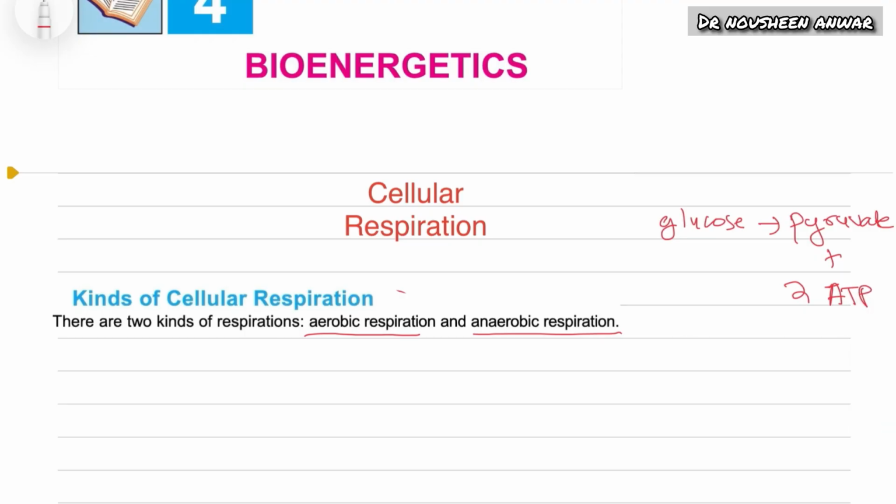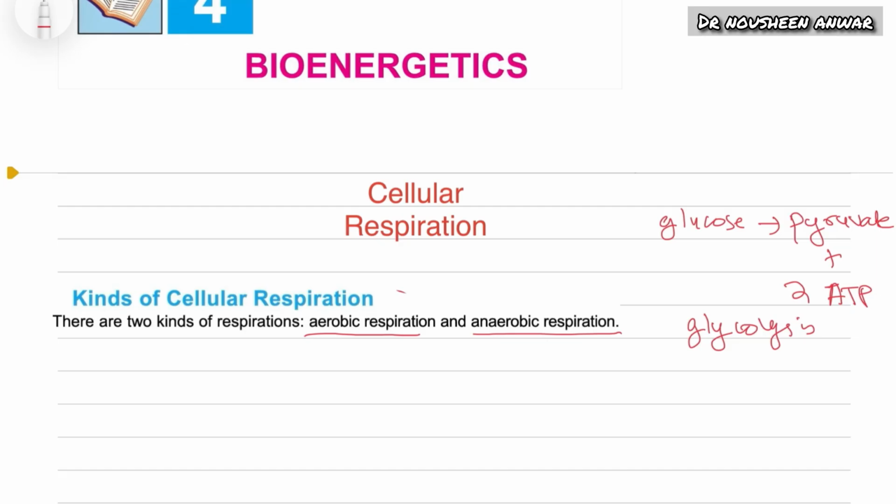This process is called glycolysis. I will tell you about this process in detail later, step by step, but I want to highlight it here because it is similar in both. These are the initial steps, similar in both aerobic respiration as well as anaerobic respiration.